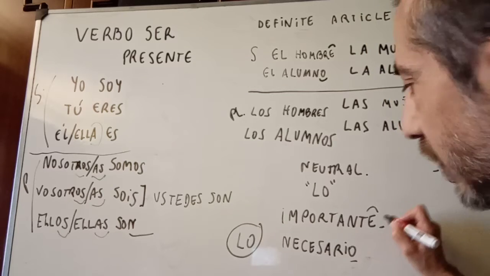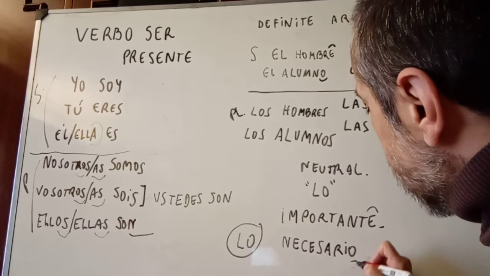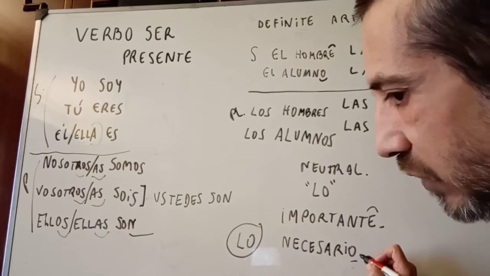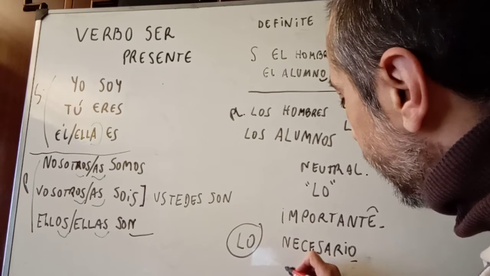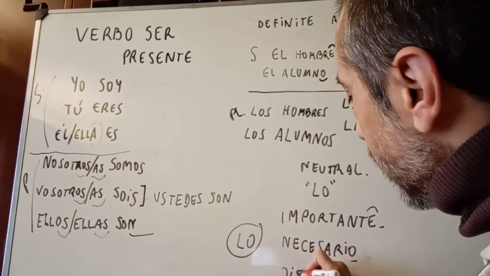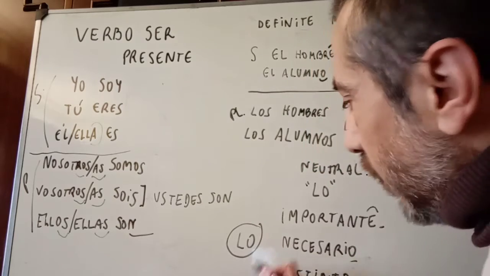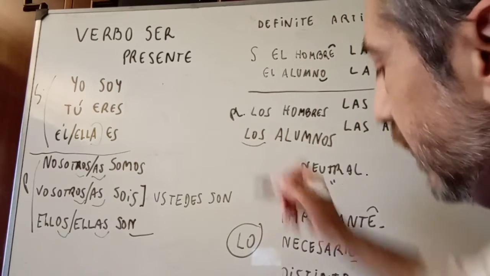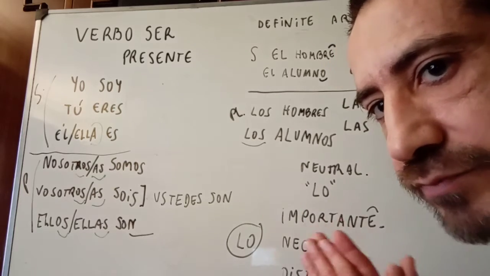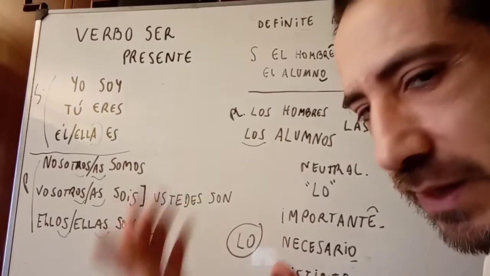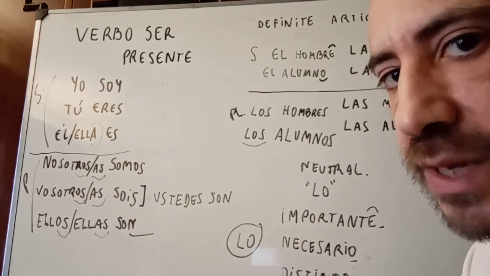We use it only in the singular form, and in the case that you have adjectives, you use O. Lo importante, lo necesario, lo distinto, because you have distinto, distinta. And it doesn't take the plural form. Los is only masculine. Well, so see this deeply, remember it, and by practicing them, you will learn them better.